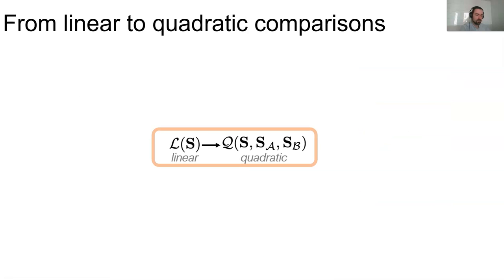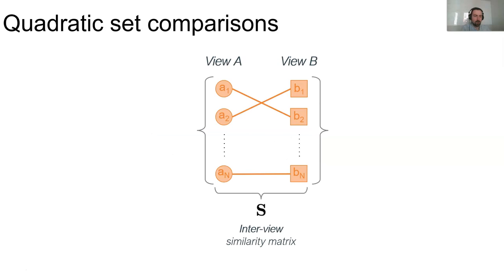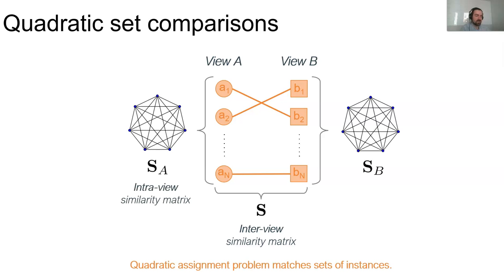In this work, to construct the set similarity objective, we propose to generalize an underlying assignment problem from linear to quadratic, where the quadratic assignment problem goes beyond pairwise similarities. While the linear assignment problem matches individual instances based on pairwise similarities, the quadratic assignment problem matches the sets of interconnected instances based on graph similarities.